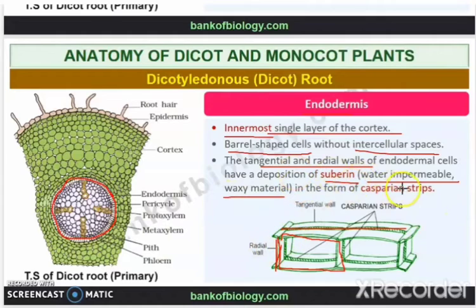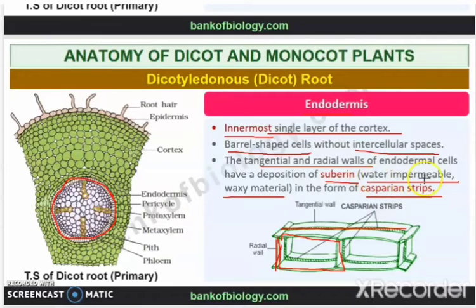Okay, and we call these Casparian stripes, right? These substances are water impermeable. It means that they will not allow water to enter into the endodermis.